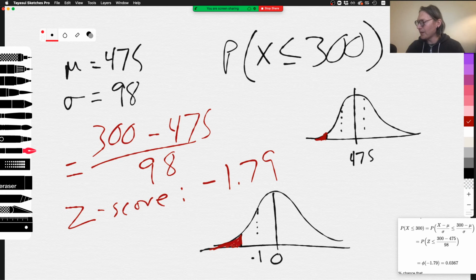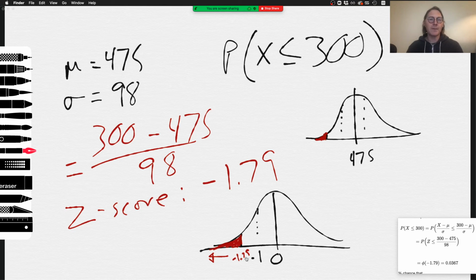And we're looking at everything from negative 1.79 down to negative infinity, right? So this is an analogous distribution. And because we've normalized it and it's analogous to what we see up here, we can simply find the probability that in this standardized normal distribution we get a value less than negative 1.79. So that's what these tables are constructed of, right? That's what this z-score represents.